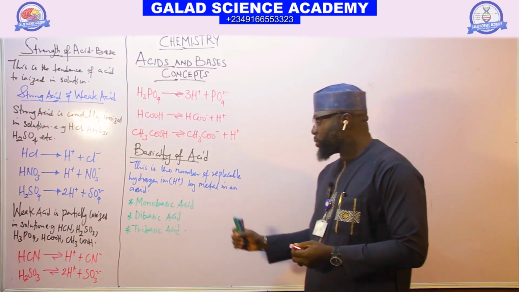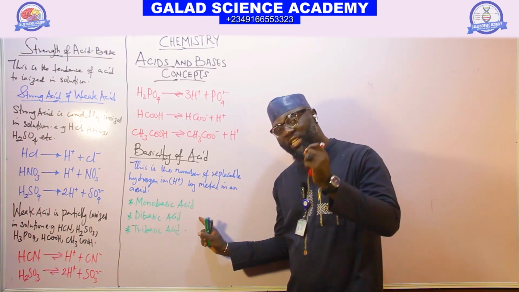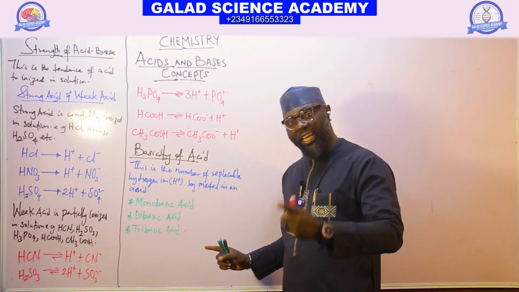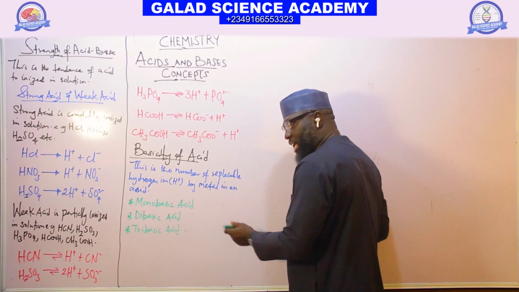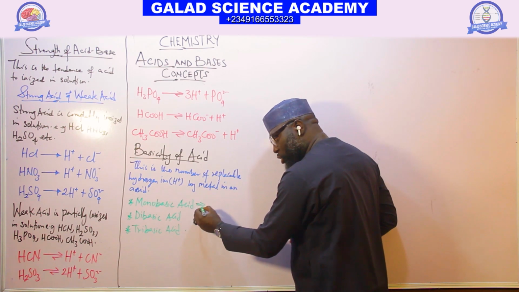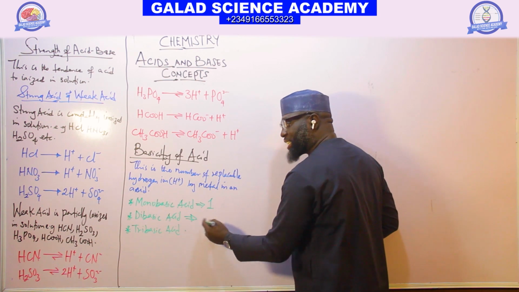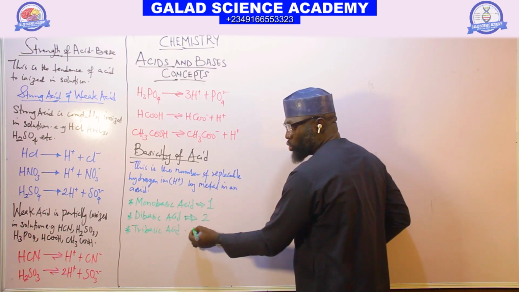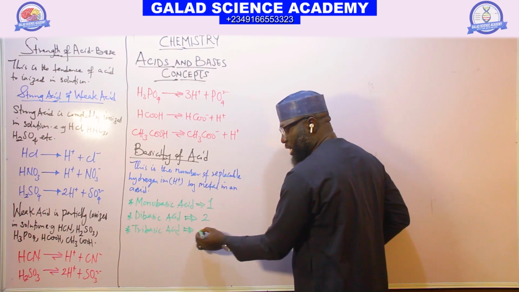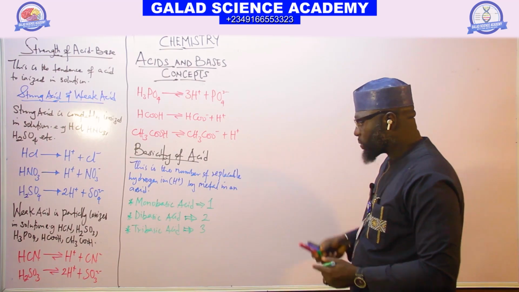So what is monobasic acid? When the number of replaceable hydrogen ion in an acid is 1, this one is called monobasic. When the number of hydrogen ion that can be replaced by metal is 2, it is dibasic. When it is 3, we call it tribasic.